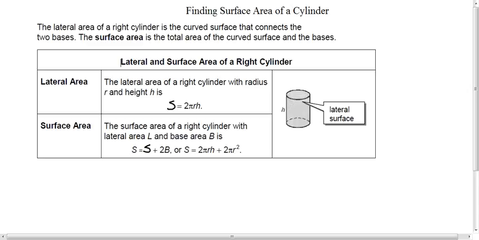What about if we had a cylinder that has a radius of 5 feet, and it has a height of 6 feet.